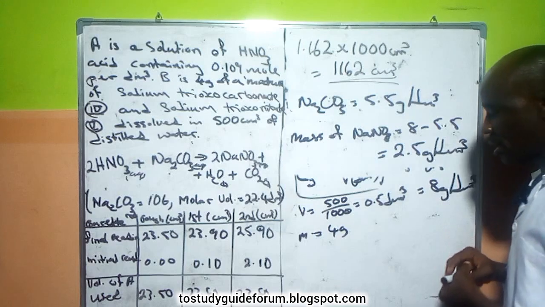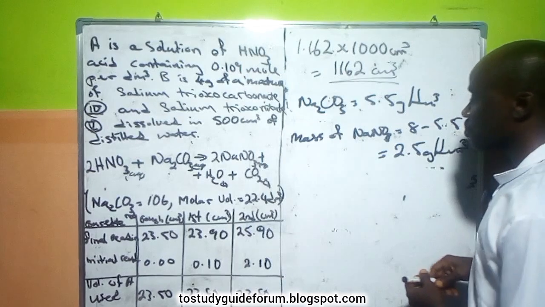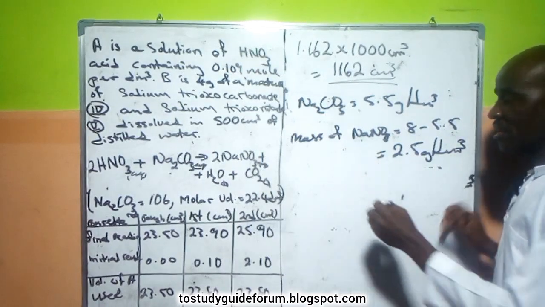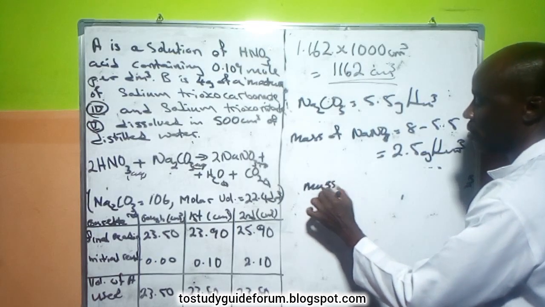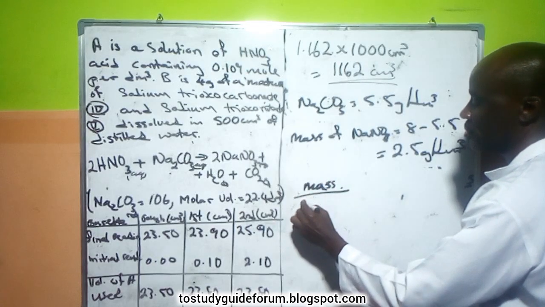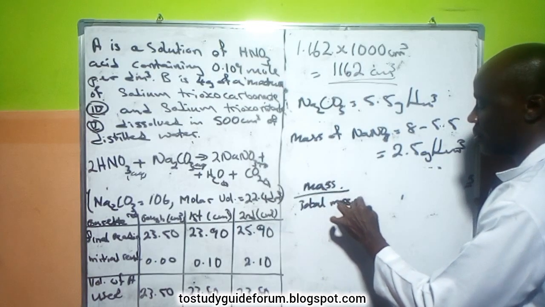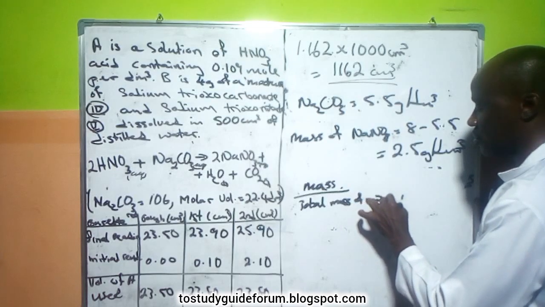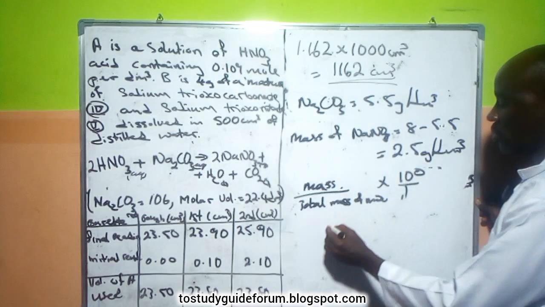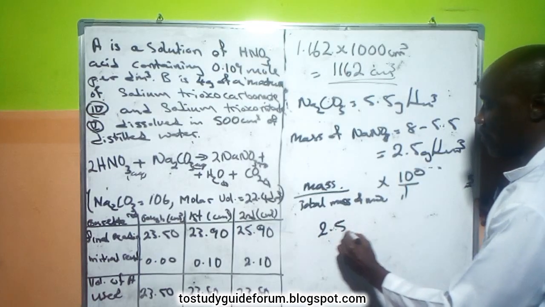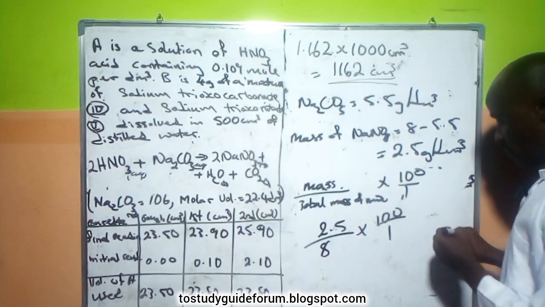The percentage of it in the mixture will then be, remember, we normally do it like this: the mass in question over the total mass of the mixture, times 100 over 1. So the mass we are looking at is 2.5 over the total, which is 8, times 100 over 1.